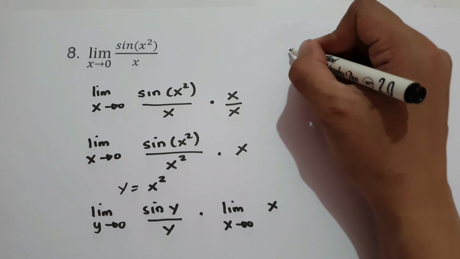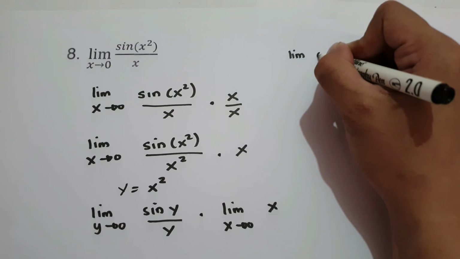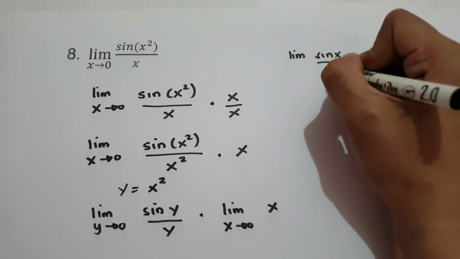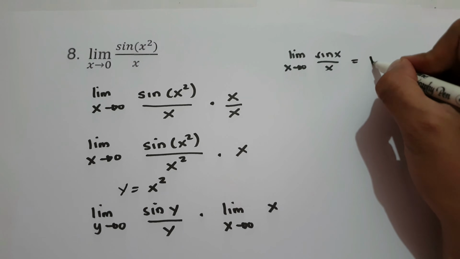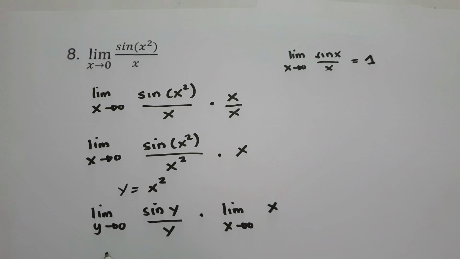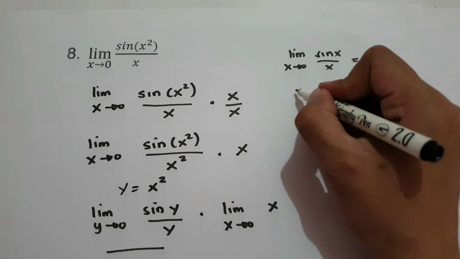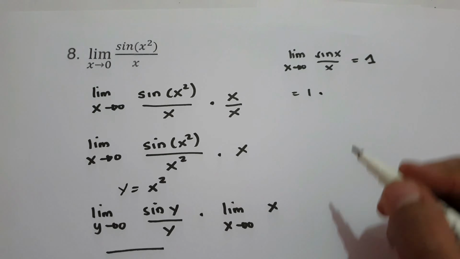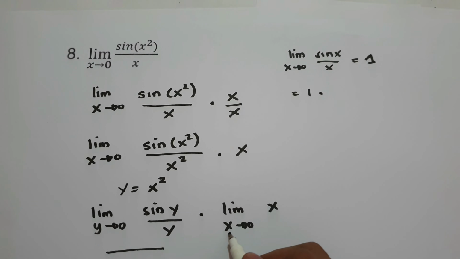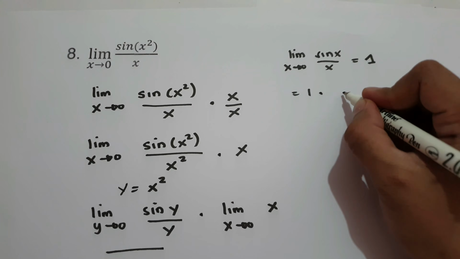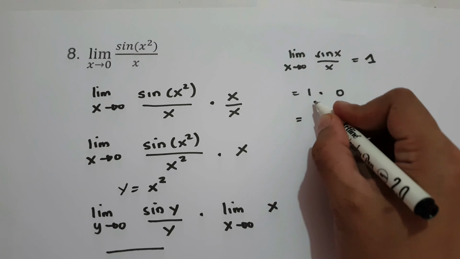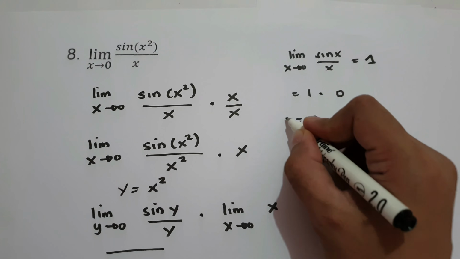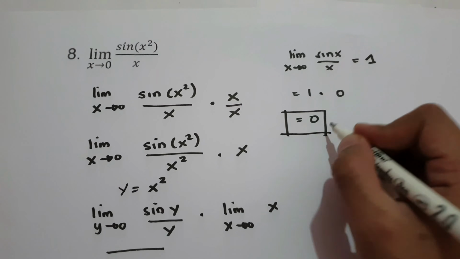And the limit of sine x over x as x approaches 0 is equal to 1. So this expression is equal to 1, multiplied by, if we substitute the value of x, 0. Therefore, 1 multiplied by 0 is 0, and this will be our answer.